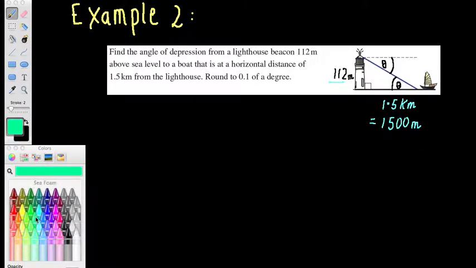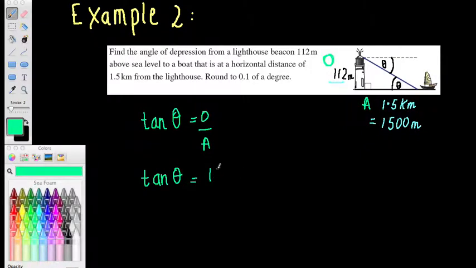All right, before I can begin, I need to label. I have the opposite side. I have the adjacent side. O and A is tan. Opposite, 112. Adjacent, 1,500.